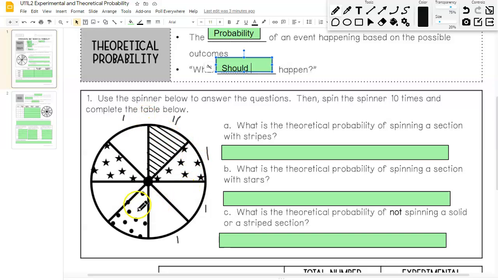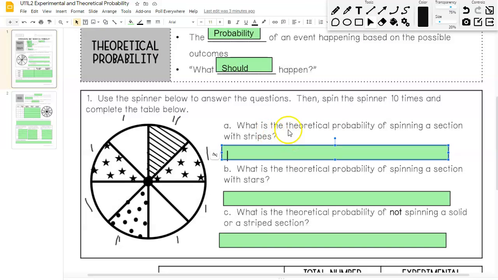And then I got this one. Let's see if that's all my 10. Oh, that's not all 10. And then I got this one twice. So let's see if that's 10. Yes, 10 spins. Excellent.